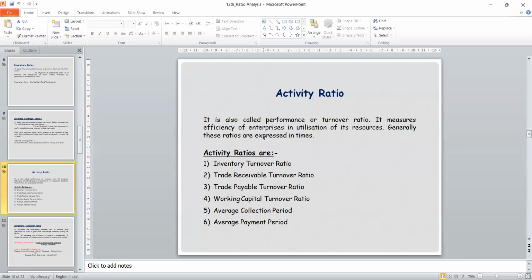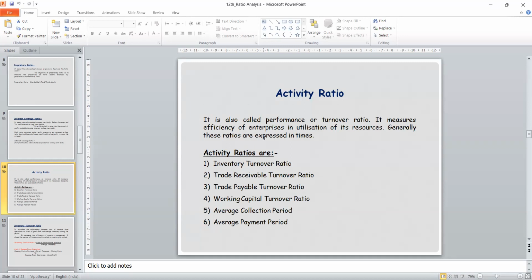The second is trade receivable turnover ratio. You can see here. So trade receivable turnover ratio means how much credit sale is still unpaid at the end of the year. Means how much money you have recovered and how much money is still left to recover.